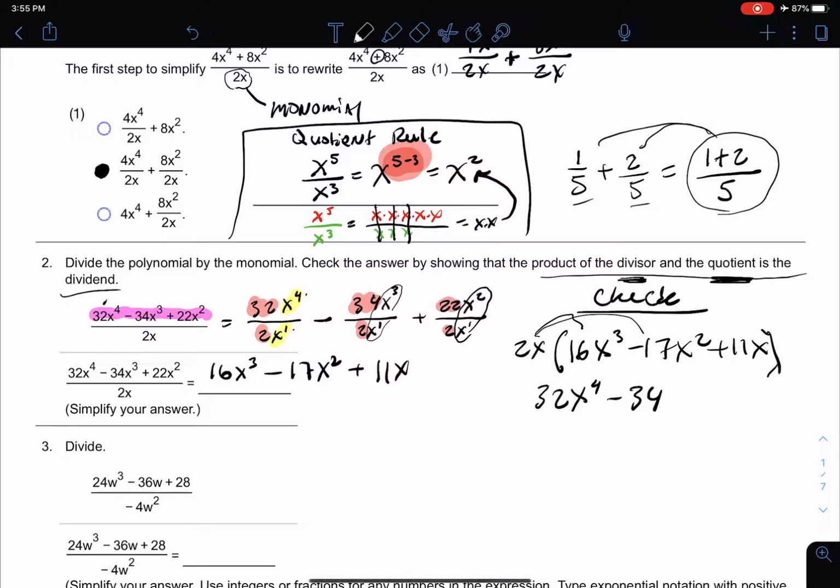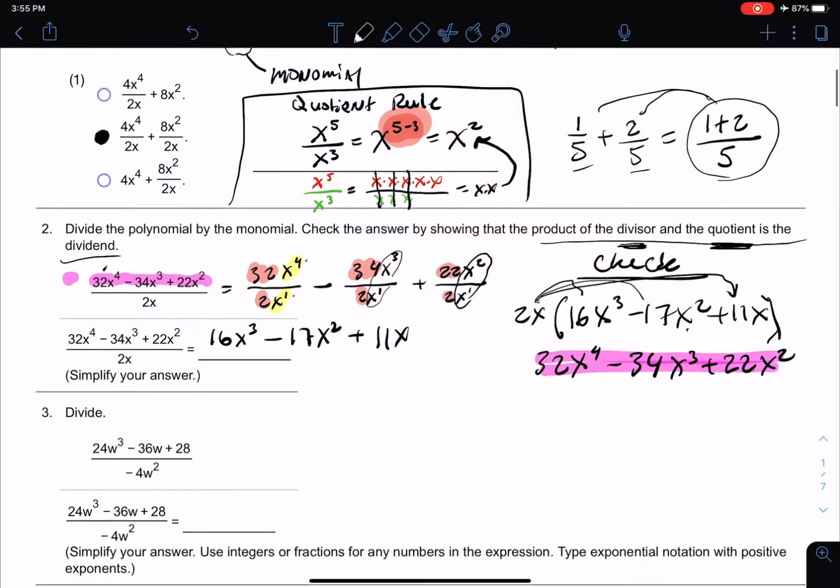And x times x squared gives us x to the third. And our last distribution is 2 times 11 is 22. And x times x is x squared. If we did everything right, that should match our dividend, 32x to the fourth minus 34x cubed plus 22x squared. And it does. Okay, so it's checked.